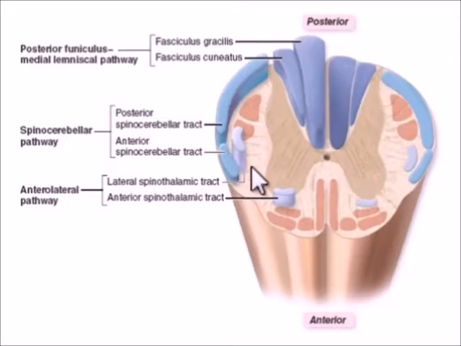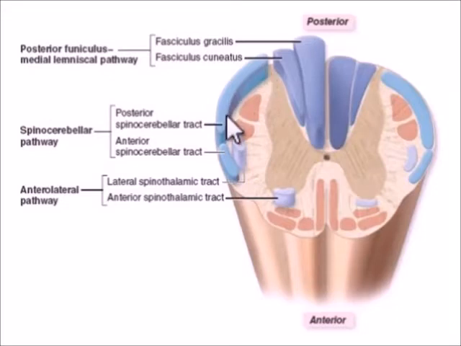This is the lateral funiculus, which is lateral to the lateral horn. It is at the periphery of this lateral funiculus, or you can say the lateral segment of the spinal cord, that you see the anterior and posterior spinocerebellar tracts.